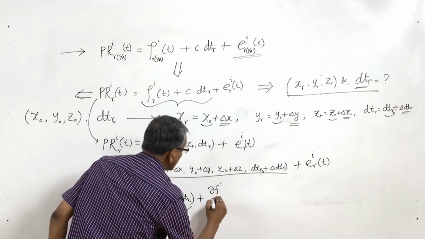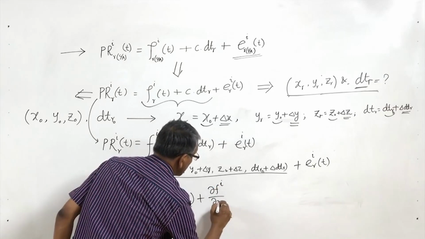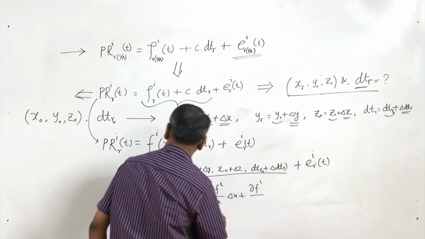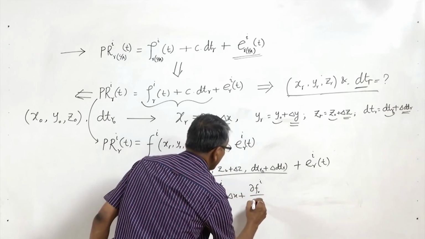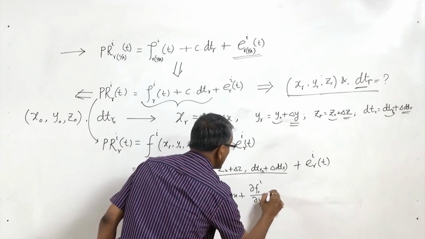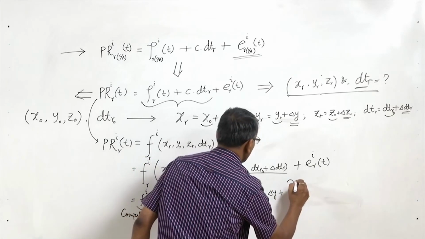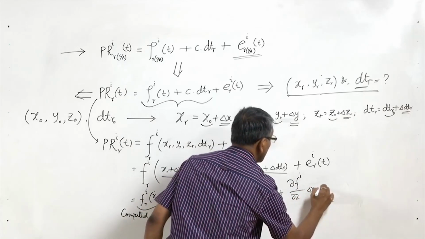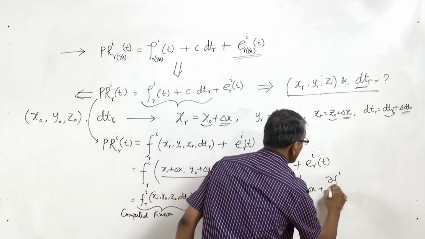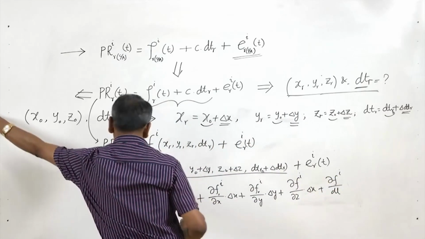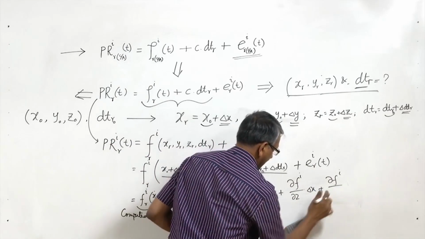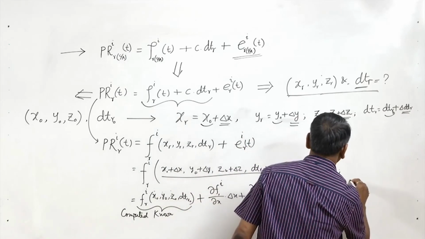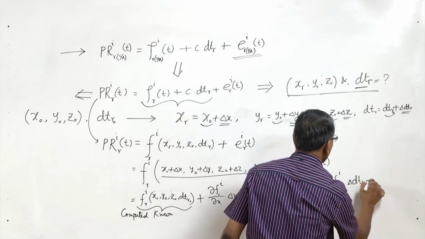the first derivative of f_i with respect to x times del x plus the derivative with respect to y times del y, plus the first derivative of the function with respect to z, the first derivative of the function with respect to time, plus.